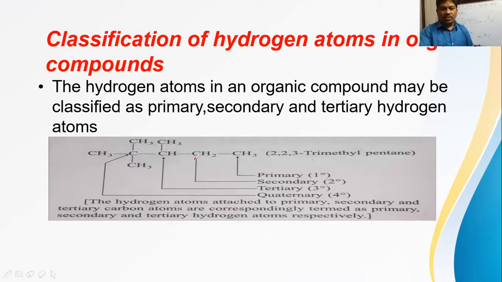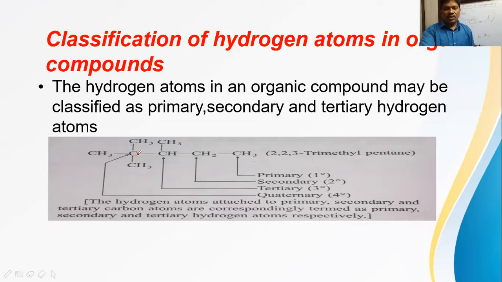In this structure, this carbon is directly attached to 4 other carbons, so it is 4-degree carbon and has no hydrogens. Already carbon has got 4 bonds around it, so there is no possibility for another bond here. That's why a 4-degree carbon cannot bear hydrogen on it. So 4-degree hydrogens are not possible to exist.